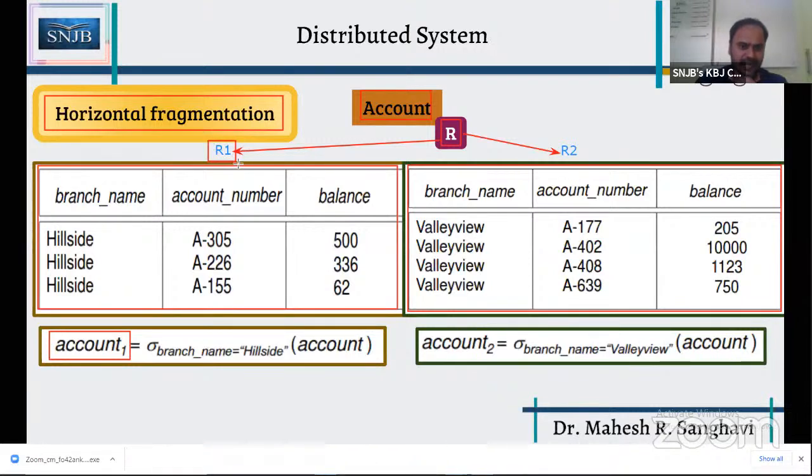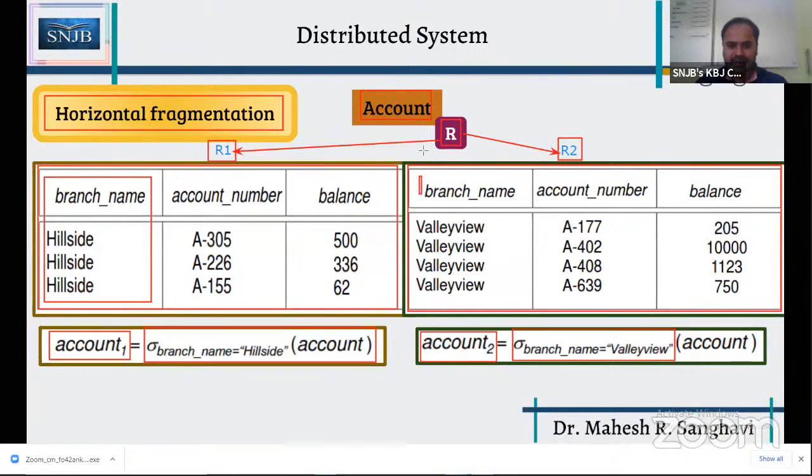R1 has all the records having branch name Hillside, which means you are dividing branch-wise. In the case of account 2, R2, the branch name will be Valleyview.